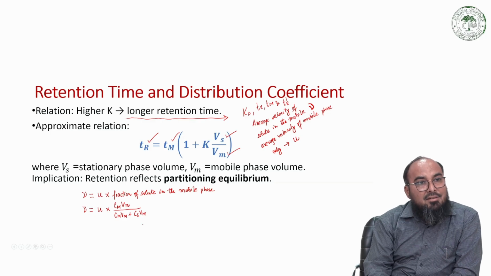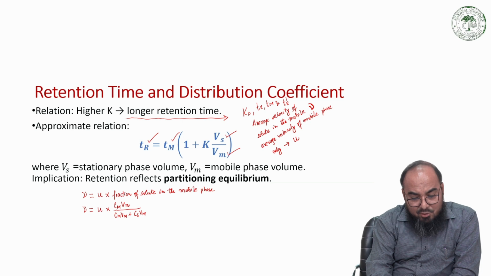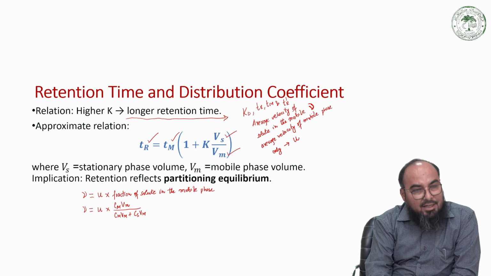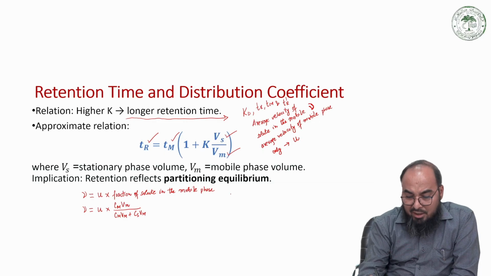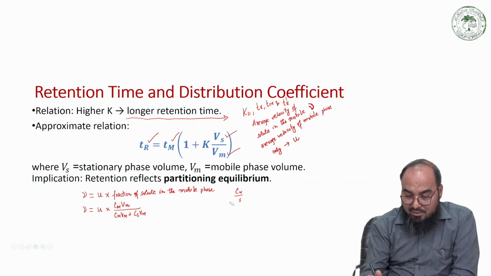We have done this in terms of the number of moles of solute present in the mobile phase, CmVm, because if you remember, we have described it as Cs upon Vs. So it is the same.